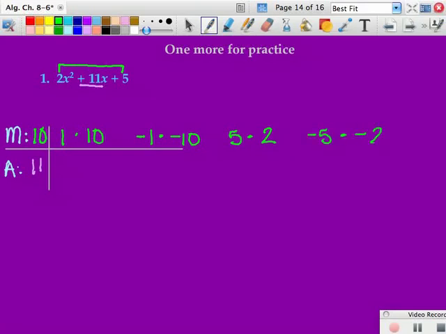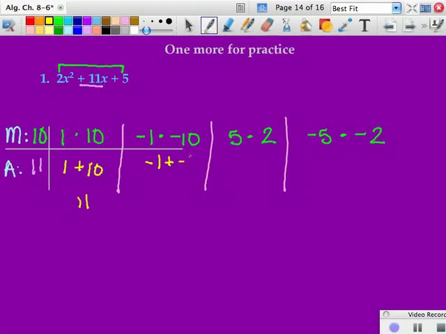All right, then what do we do from here? We go ahead and add each set of our factors. So 1 plus 10, we're adding them, which would give us 11. -1 plus -10 would give us -11. 5 plus 2 would give us 7.